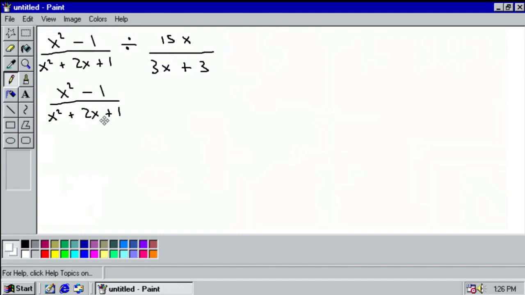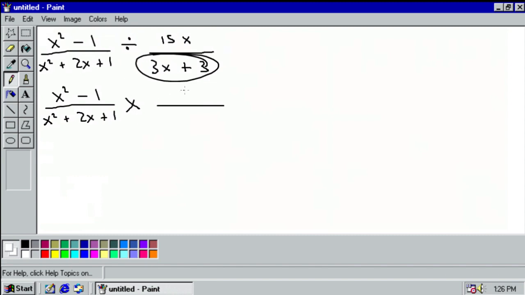So we don't have a problem here, so we're just gonna copy that. The divided by sign will become a multiplication sign, and the 3x plus 3 will be on the top. The 15x part will be on the bottom. So that's what a reciprocal means.